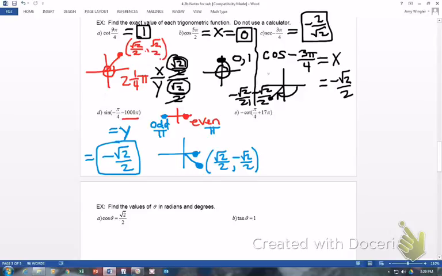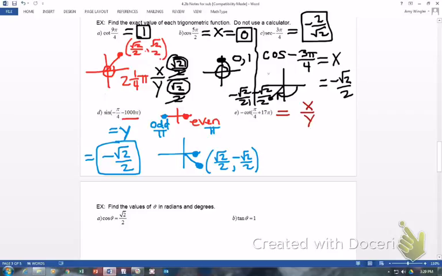Let's move on to cotangent. If I want to find cotangent, then I would find tangent first. Technically, I really don't find tangent. I know, and I've memorized, that tangent is y over x, so cotangent is going to be x over y.